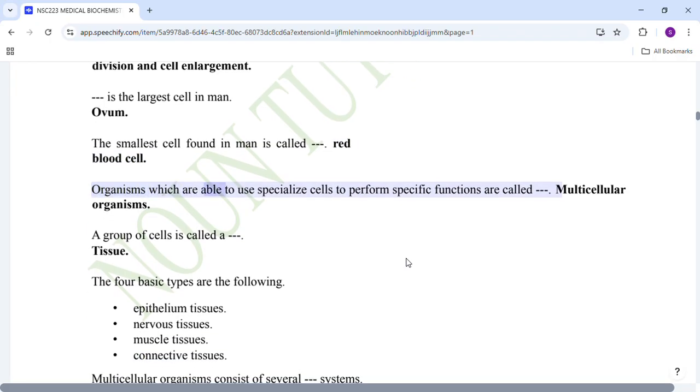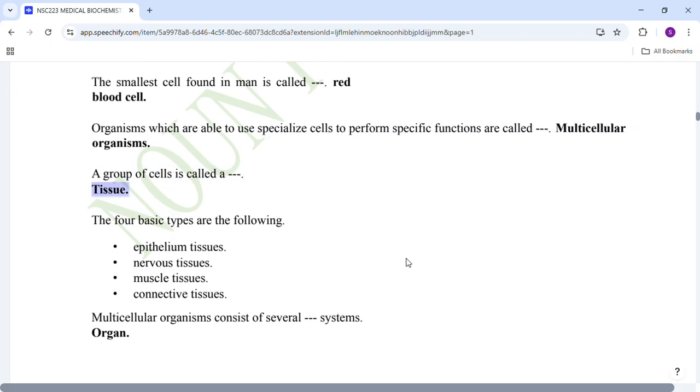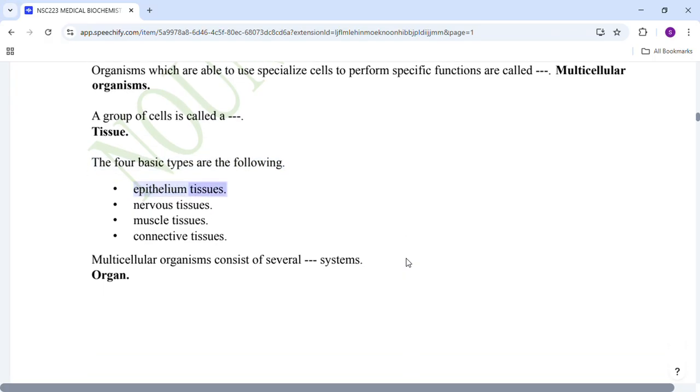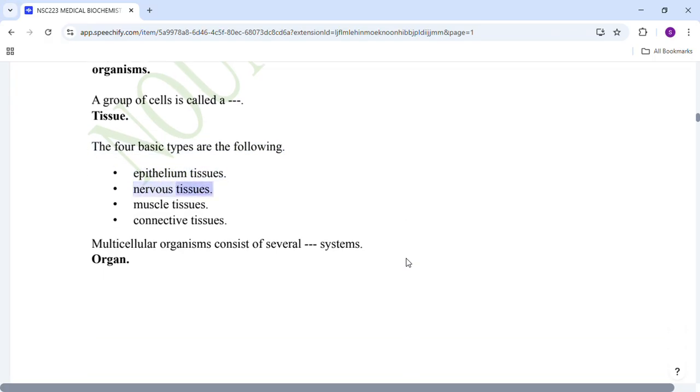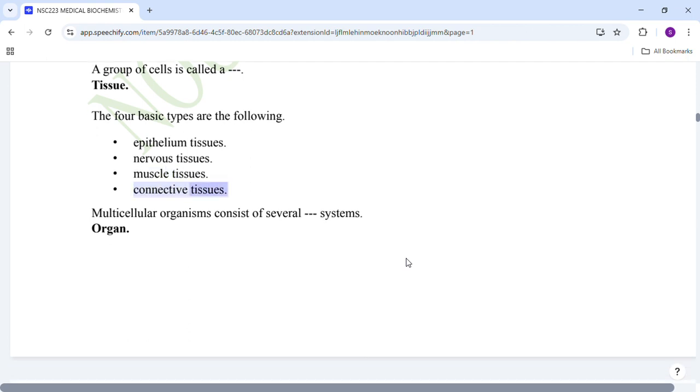Organisms which are able to use specialized cells to perform specific functions are called multicellular organisms. A group of cells is called a tissue. The four basic types are epithelium tissues, nervous tissues, muscle tissues, and connective tissues.